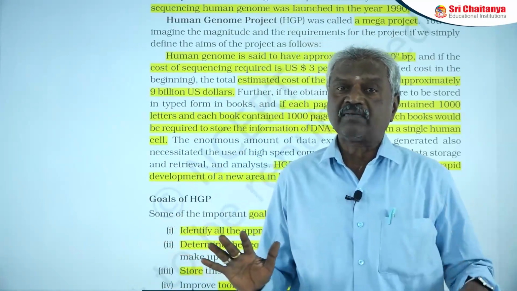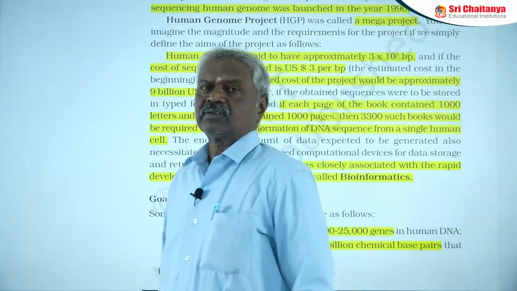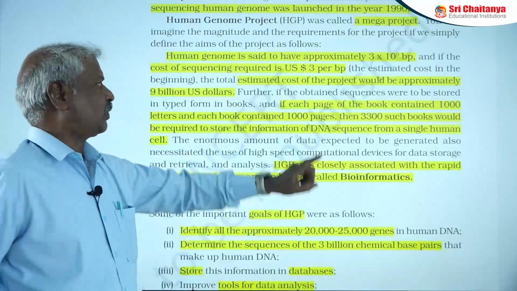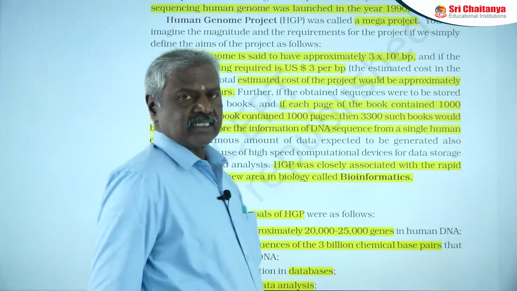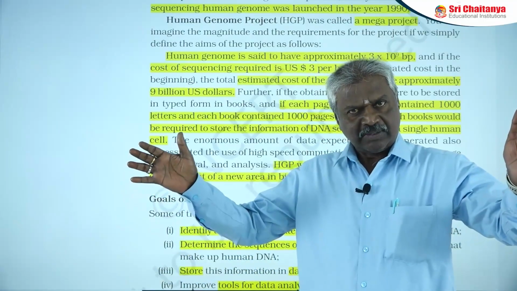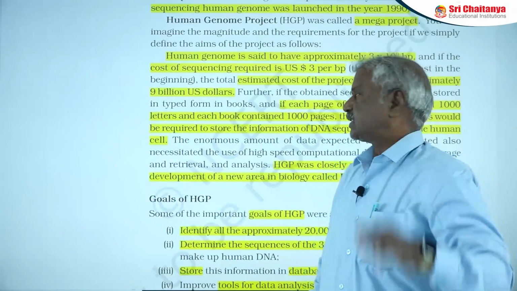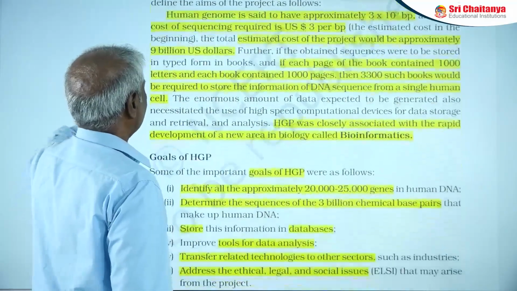Each book should have 1000 pages, and each page should have 1000 letters. I repeat once again, one page consists of 1000 letters, and 1000 such pages make a book. 3300 such books are required here to store it.